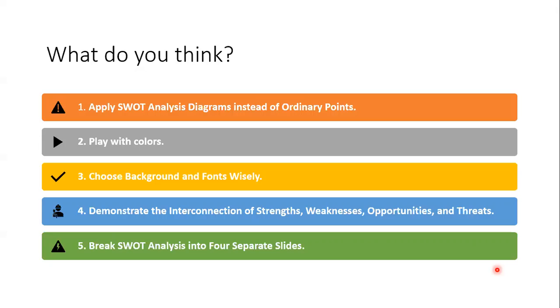Actually, here I'm using 5 different colors so I can distinguish each point. So these are things to consider when you are preparing a SWOT analysis presentation. And remember, number 1, apply SWOT analysis diagrams instead of ordinary points, okay? Forget about lists, like 1, 2, 3, 4, 5. No, use diagrams.